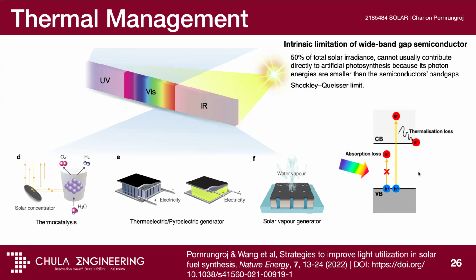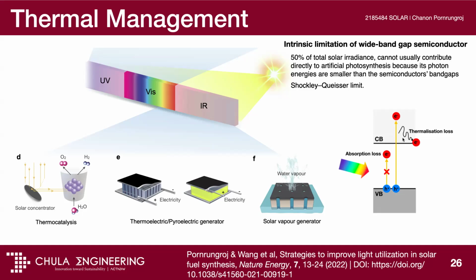It doesn't absorb. But if you have a photon energy that is larger, people don't talk about this much, but if you excite too much into the conduction band, the electron that got excited needs to relax down to the conduction band edge before it can go through different reactions, right?